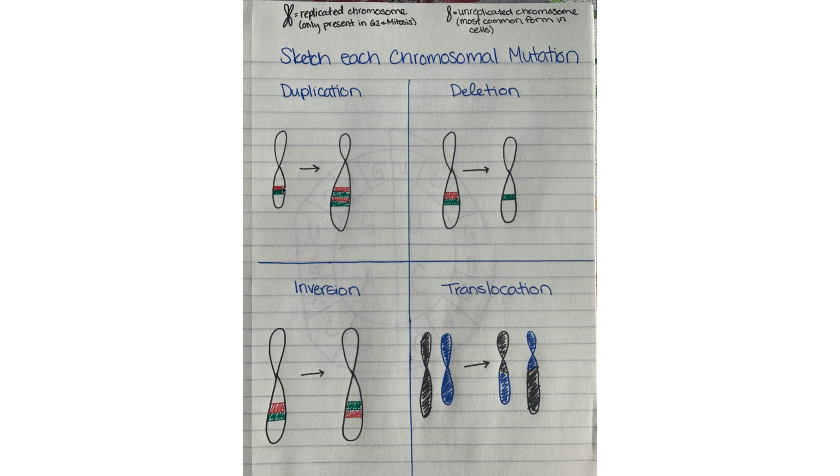All right, in a duplication scenario where that chromosome has mutated, we'll have coding sections of the chromosome that are repeated. So you can see I have this red gene here and a green gene right here. And so now I have 2 reds and 2 greens. So this could cause this gene to be transcribed twice as often as it should be. So you're going to get extra copies of those proteins.